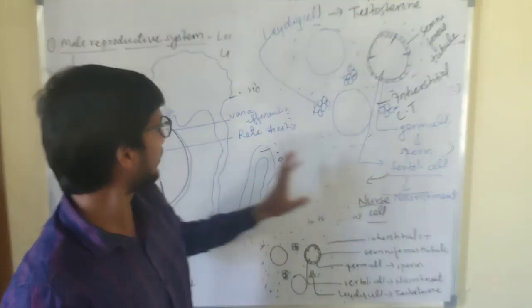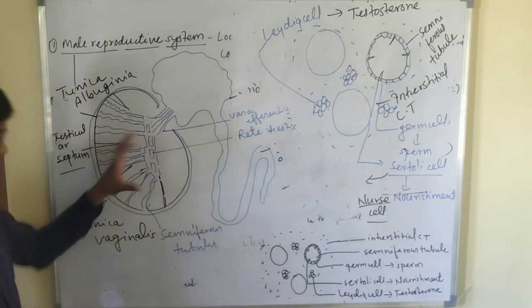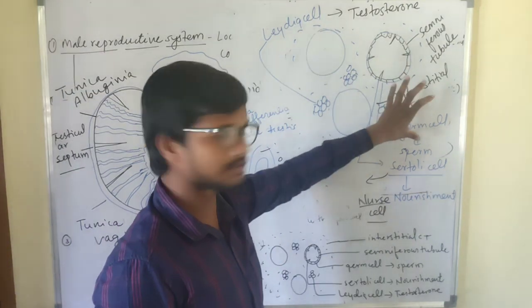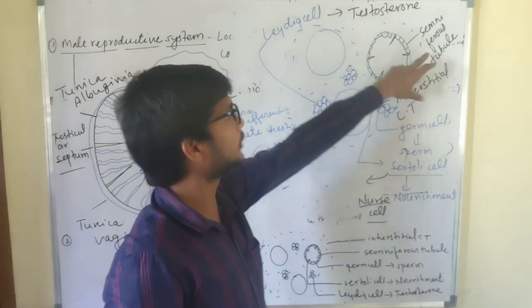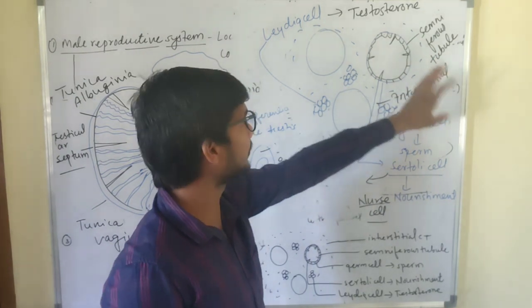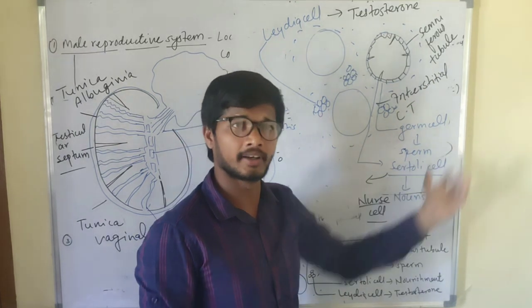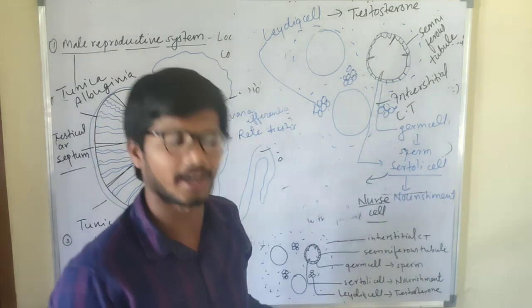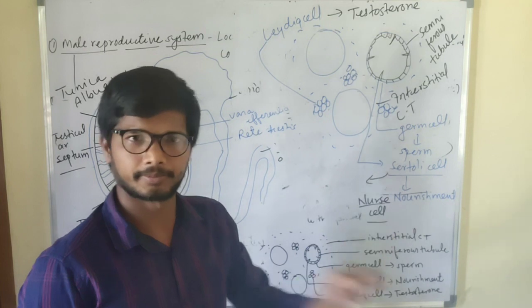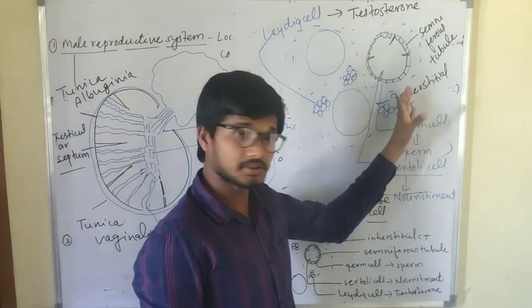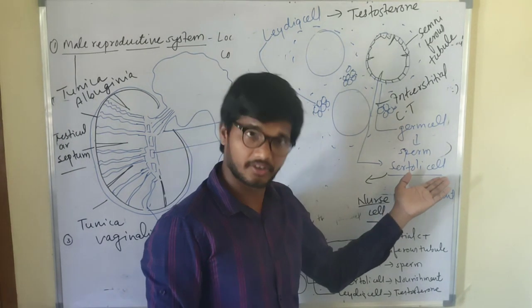So let's quickly recap. This is the enlarged view of the testis. Here we are cutting the testis and seeing that there are two kinds of cells in the seminiferous tubule. The first are cuboidal cells and the second are cone shaped cells. Cuboidal cells are also known as germ cells that will later produce sperm by the process of spermatogenesis. The second type are Sertoli cells.